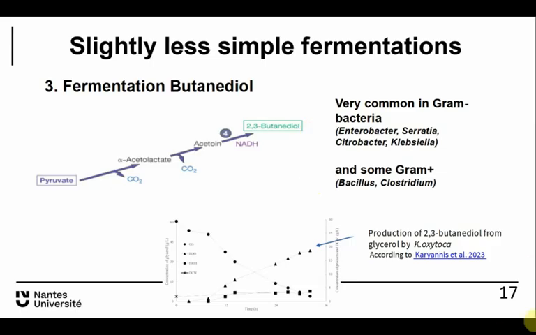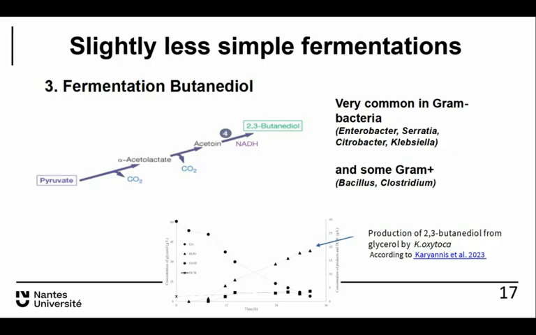However, there's some renewed interest in using this fermentation process to produce butanediol for use in petrochemicals, specifically from glycerol, because glycerol is apparently a side product from the production of biodiesel, or perhaps more accurately should be called agri-diesel, okay, from palm oil or something like that.